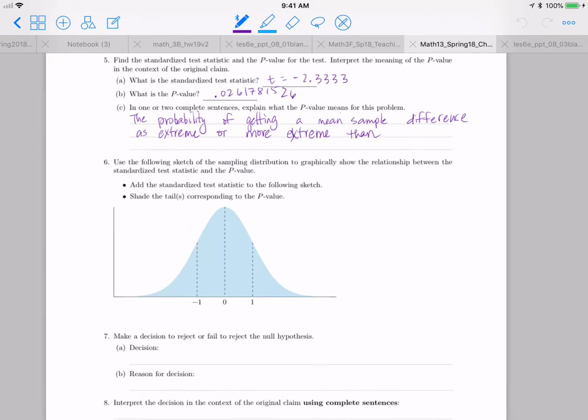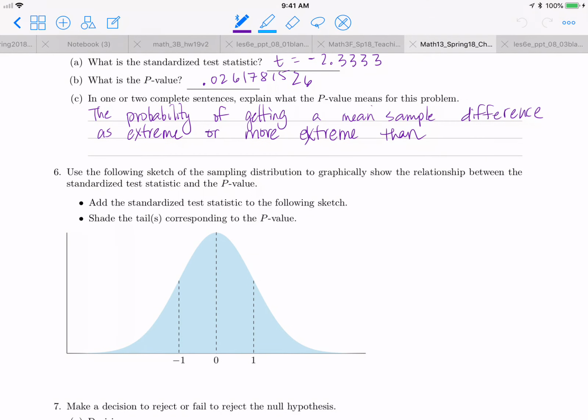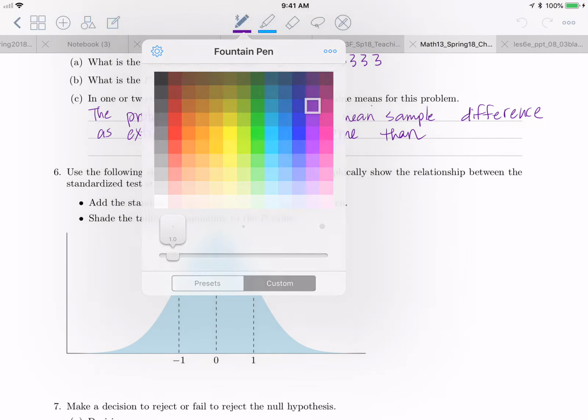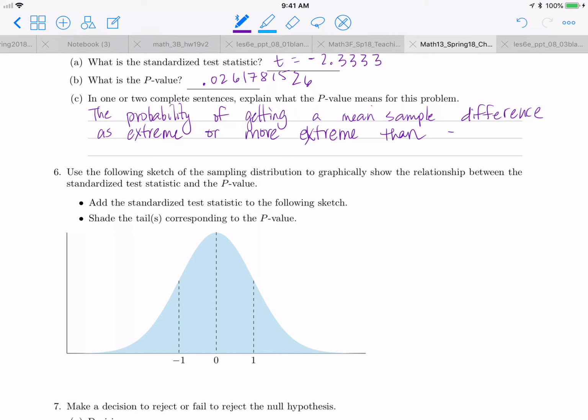So to get something as extreme or more extreme than D bar equals negative 1.75, what is the probability? The probability is 0.026178, which is about 2.6%, right?